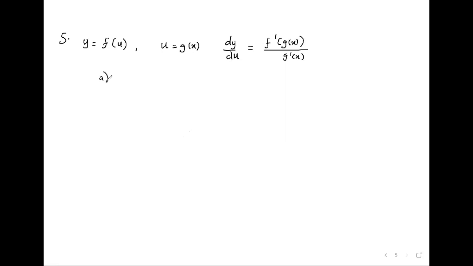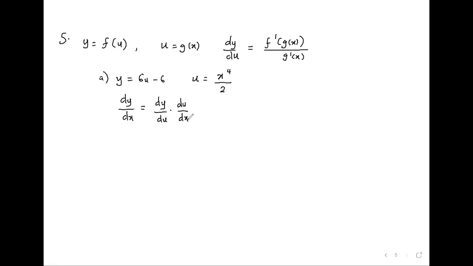So if y is equal to 6u minus 6 and u is equal to x^4 over 2, and I want to differentiate dy/dx. So dy/dx should be dy/du multiplied by du/dx.